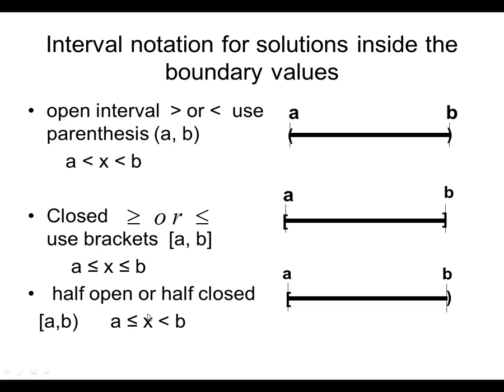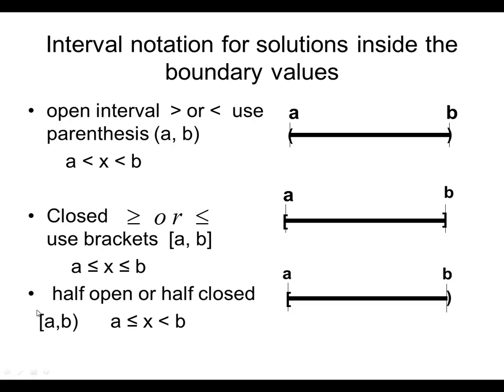Here's half open, half closed. Here x is greater than or equal to a, so that a gets a closed bracket. But x is less than b, there is no equal to sign there, so that gets an open parenthesis. And so x is in between a and b.